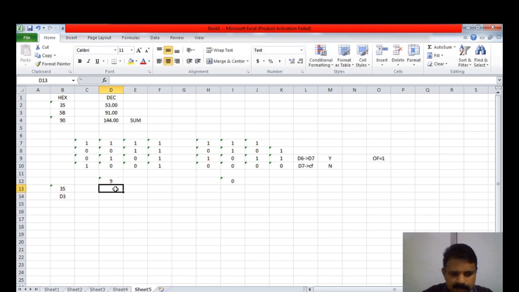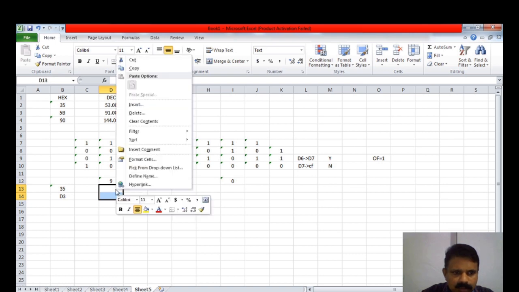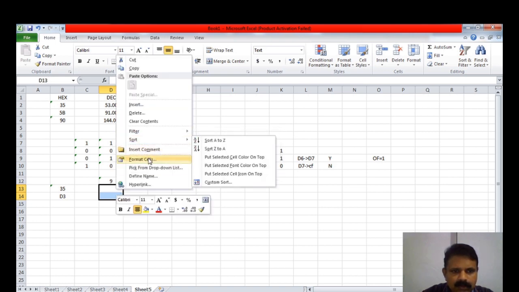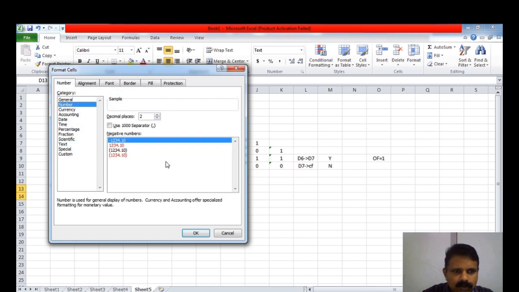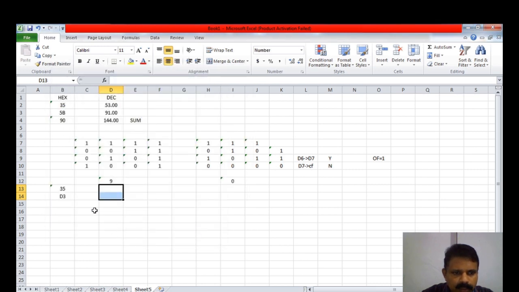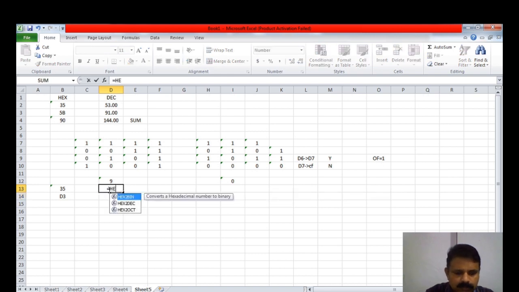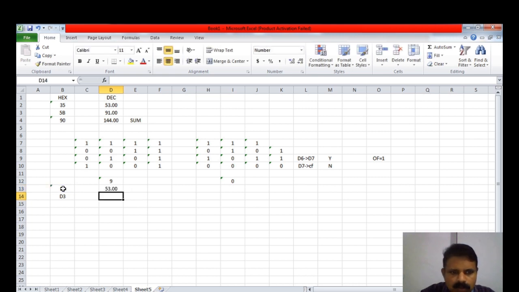Let us check what 35 and D3 are in decimal. 35 we already calculated, it is 53, and D3 is 211.